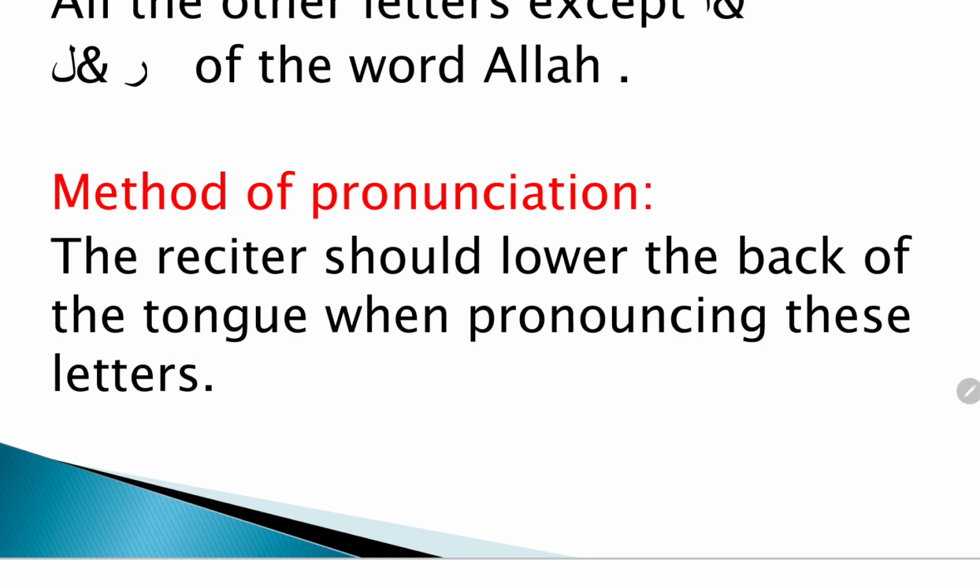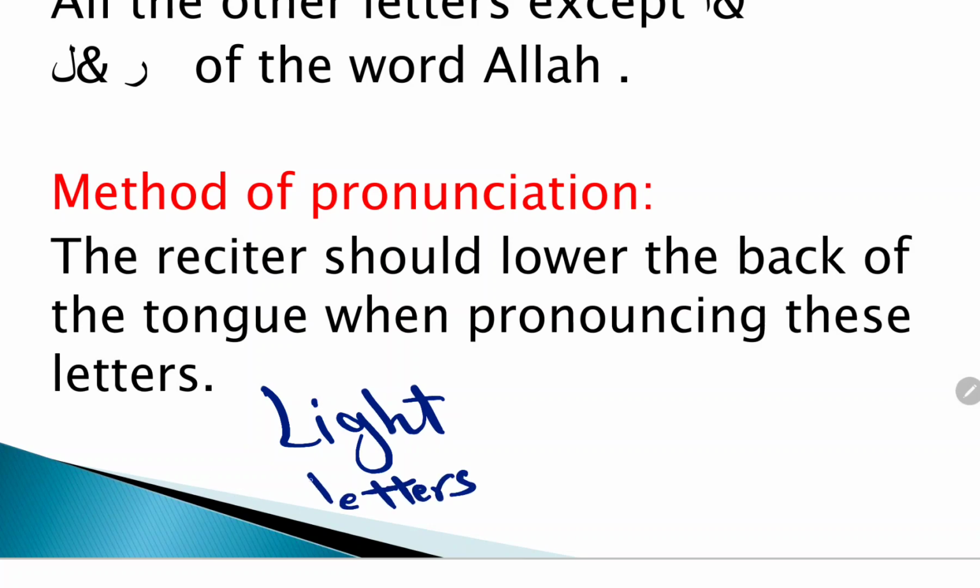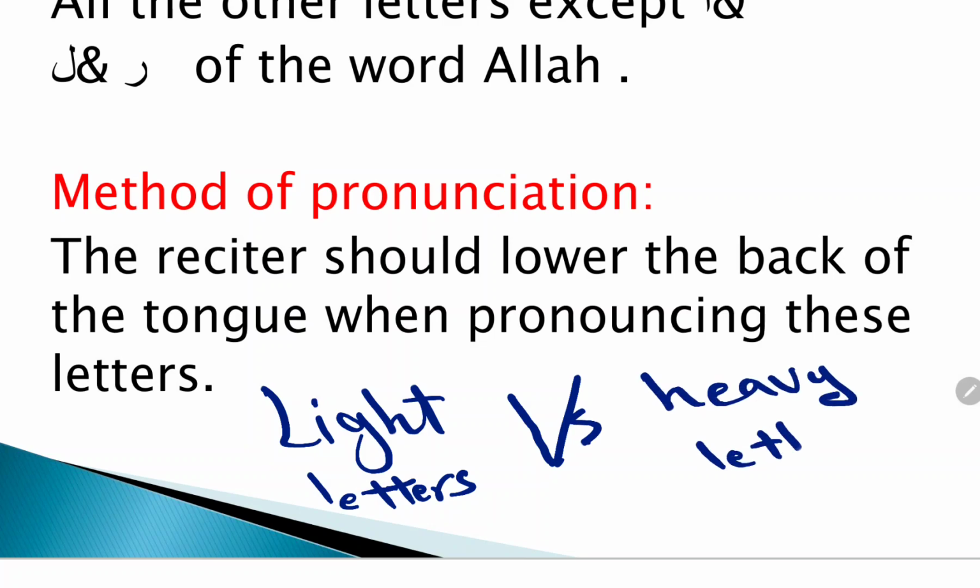So, the light letters are the opposite to the heavy letters. Excellent.